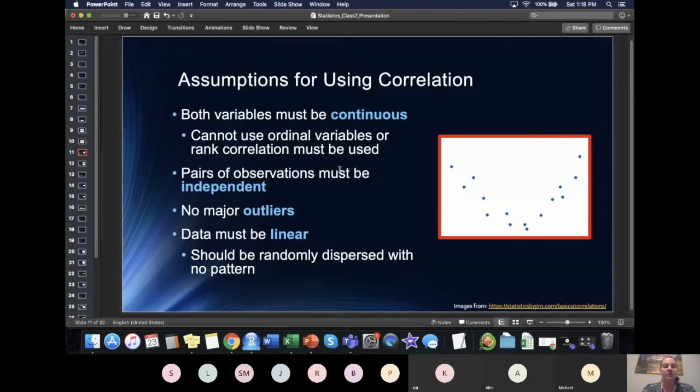But going back to this assumption, they have to be independent of one another. One cannot be used to calculate the other. And the reasoning for this makes sense. Say you have that waste value and you have your sales. If one is included in the calculation of the other, the correlation is going to be artificially high, because that value is actually included in the calculation of the other.